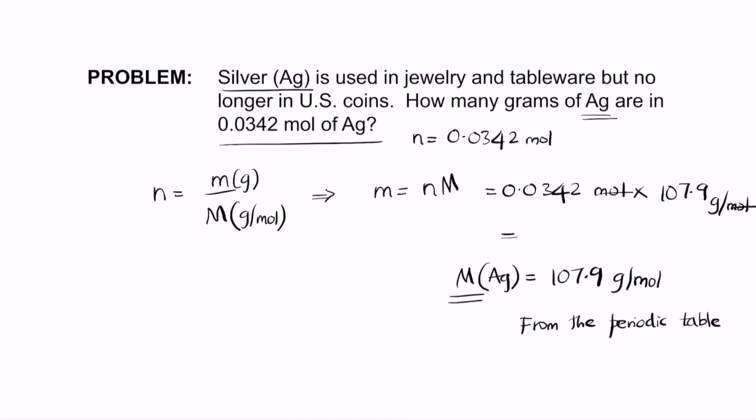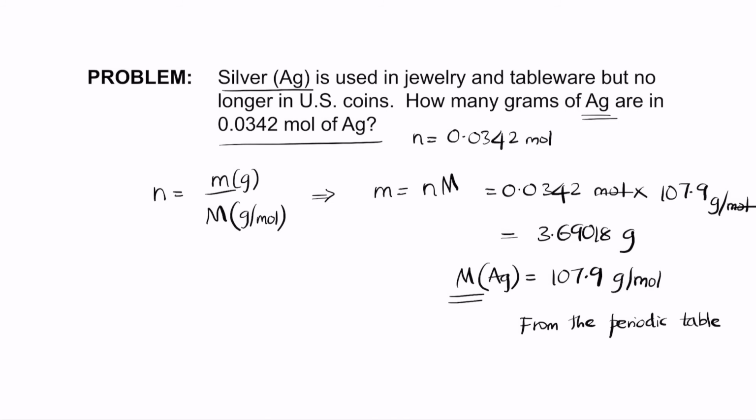Now you want to find the value. That is 0.0342 times 107.9, which gives you a value of 3.69018 grams. But remember the significant figures. We'll have to count the number of significant figures in the problem. Here the highest number of significant figures is 4, so we have to use 4 significant figures.